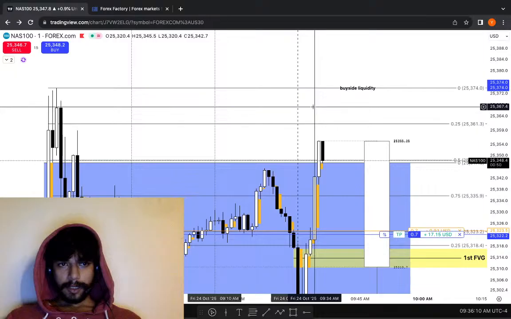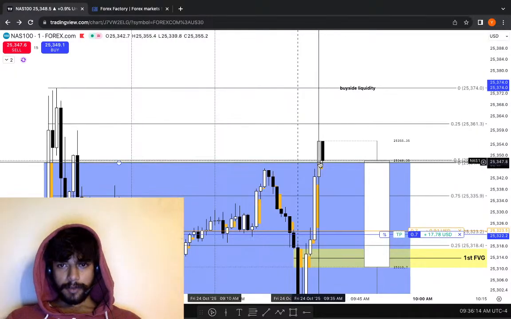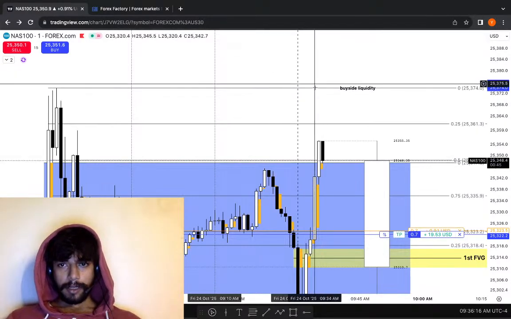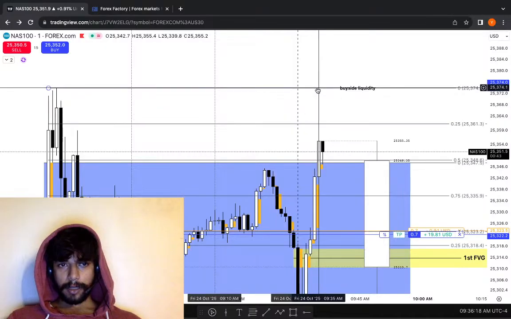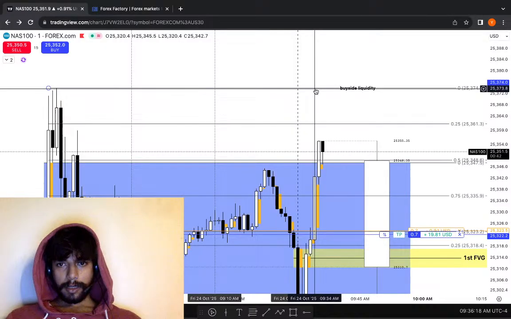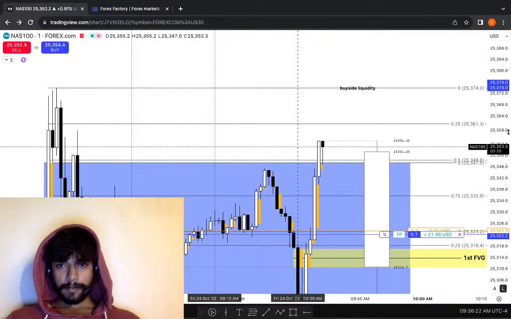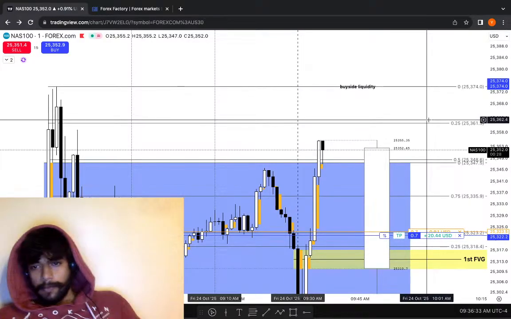And now it should take the support from this high and shoot up higher, take out this buy side liquidity right there. Let's see.